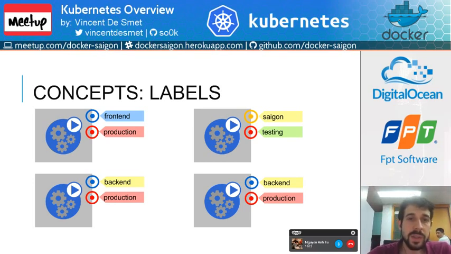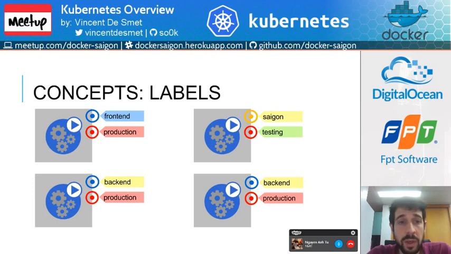The next concept that Kubernetes introduces is the concept of labels. When you define a pod, Kubernetes gives you the ability to attach labels to pods. Labels are basically key value pairs.